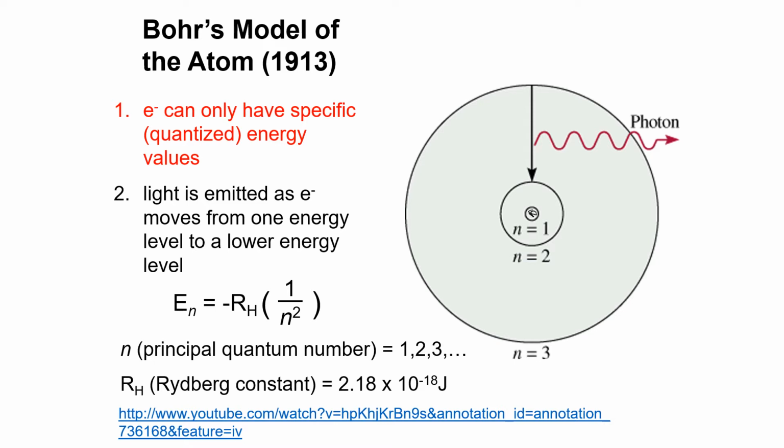Then the first energy level around that, n equals 2, n equals 3. One thing I want you to note is the distance between energy levels increases as the principal quantum number gets larger.